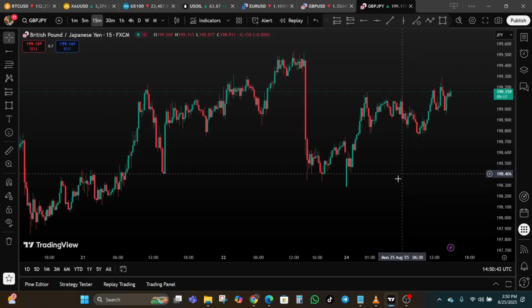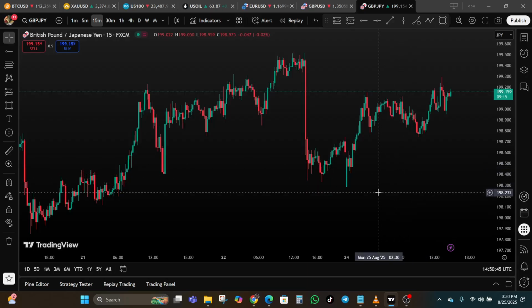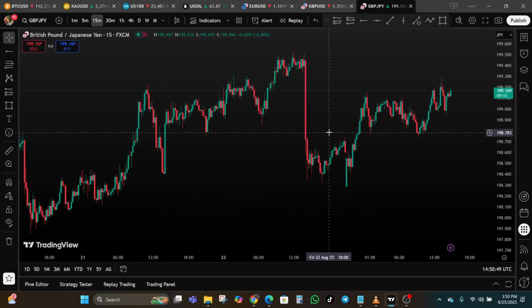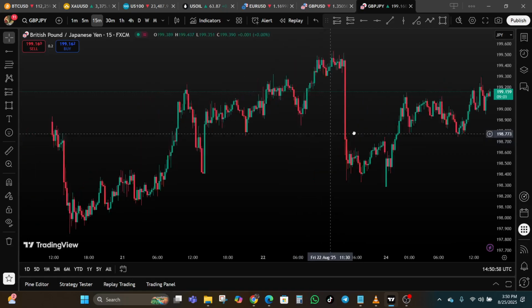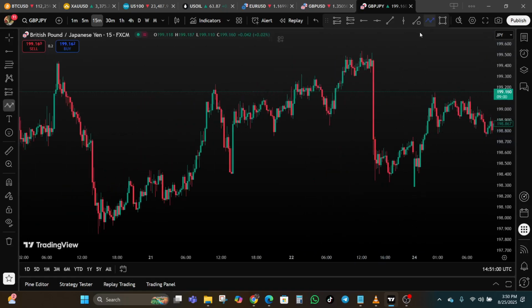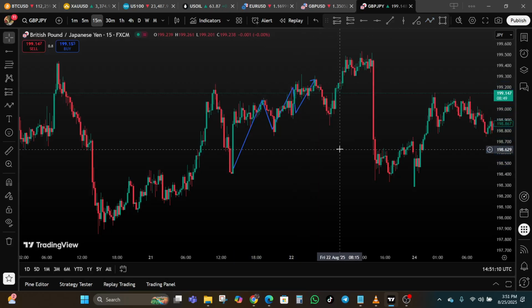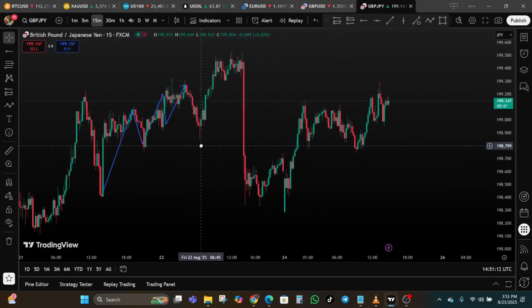Now, let us start with the market structure. On the M15 chart, you will still see clear uptrends and downtrends forming, right? You will see your higher highs and higher lows, signaling strength to the upside.